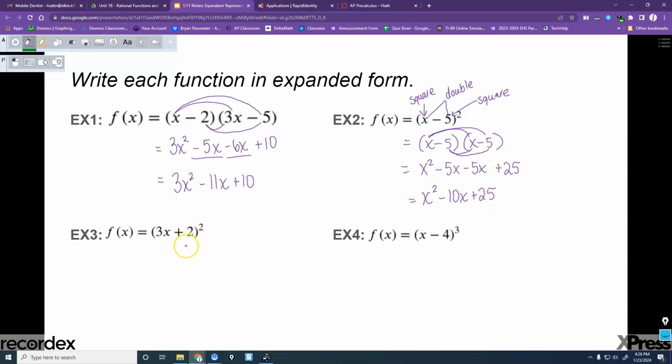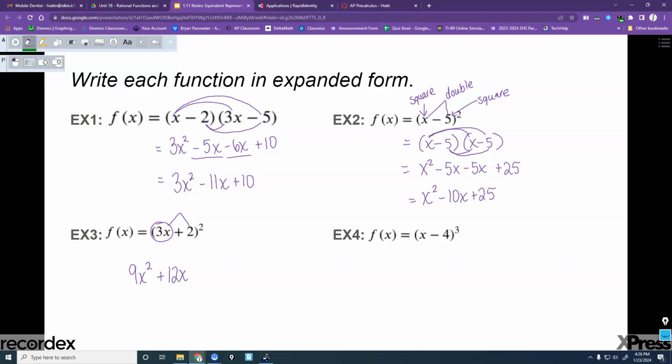So if I use that shortcut here, if I square this first term, 3x squared would be 9x squared. We're going to square the 3 and square the x. Then I would multiply these two together. That would give me 6x, and I would double it, so I would get 12x.